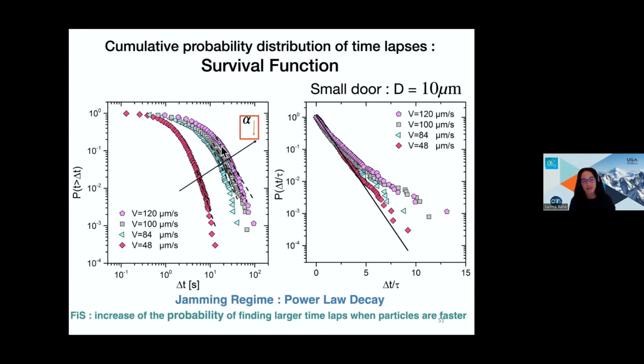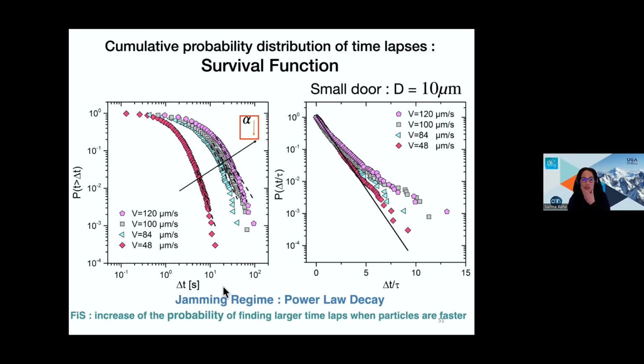And what you have is that longer time lapses between the exits are more and more probable. So this is the emergence of the power law behavior at long time scales, that longer and longer times can appear at the exit at the constriction between two exits of cells.